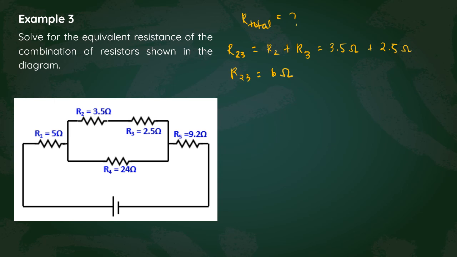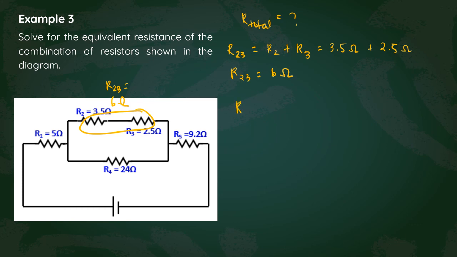This is R23, then you can combine R23 and R4 because they are in parallel with each other, with no other components that will make the computation complicated. Now it's just R23 and R4 in parallel.